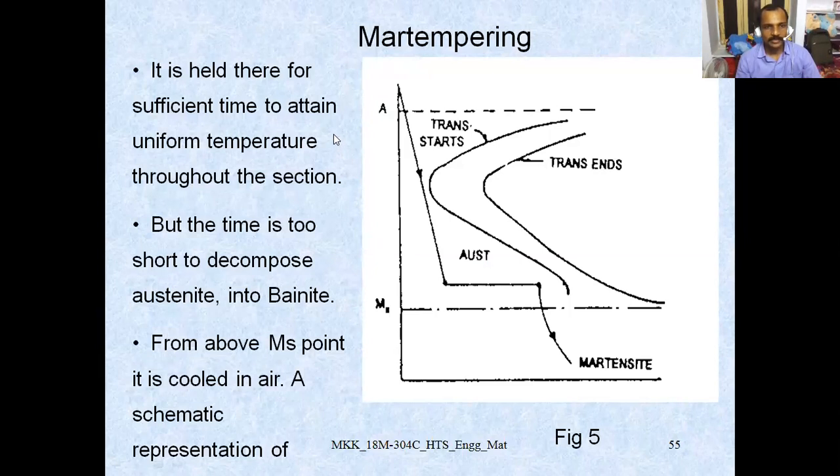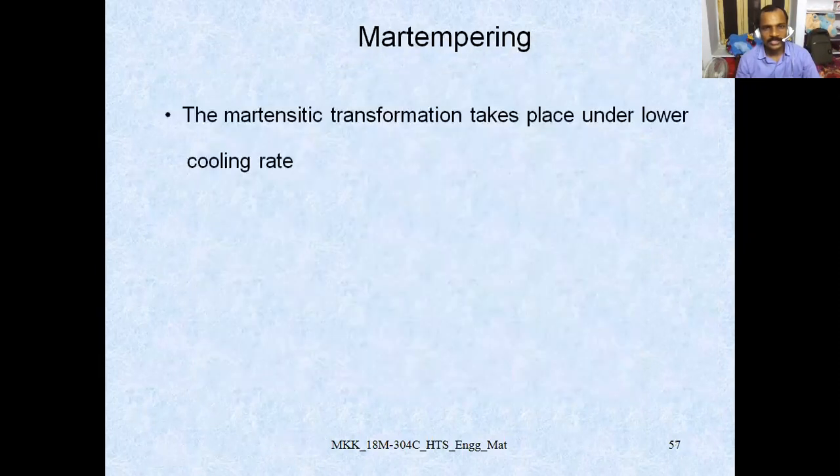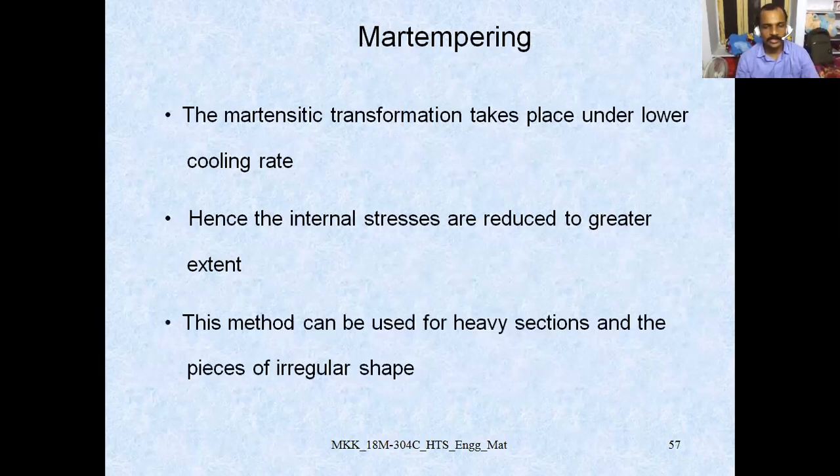And then, before decomposition of austenite into bainite, from above the Ms point, it is cooled in air. The martensitic transformation takes place under a lower cooling rate, and hence internal stresses are reduced to a greater extent.